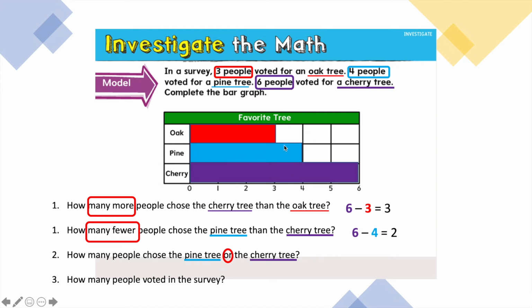So it doesn't matter for which of these two they voted. So if we want to know the information about these two groups, we need to put them together. So we say 4 votes from the pine tree or 6 votes from the cherry tree equals 10.